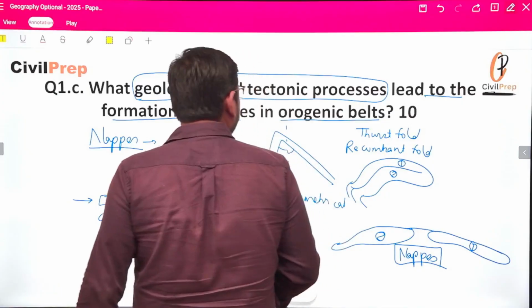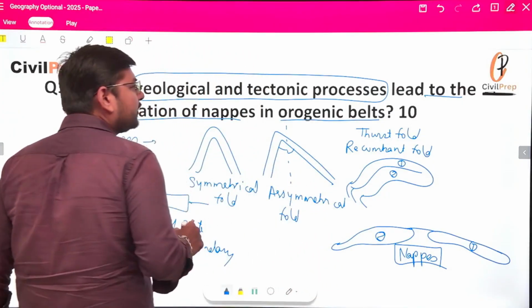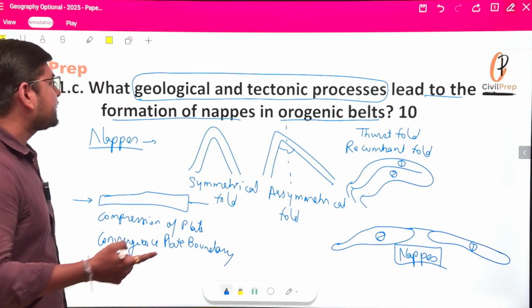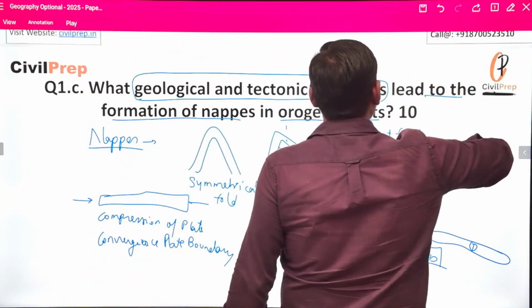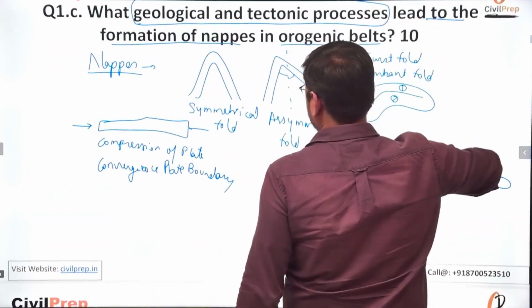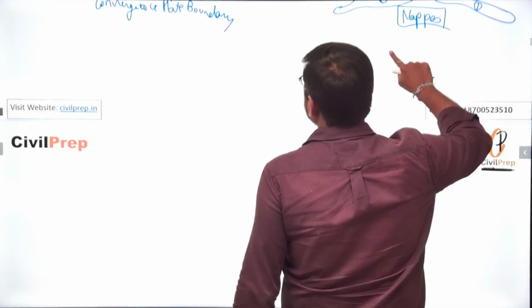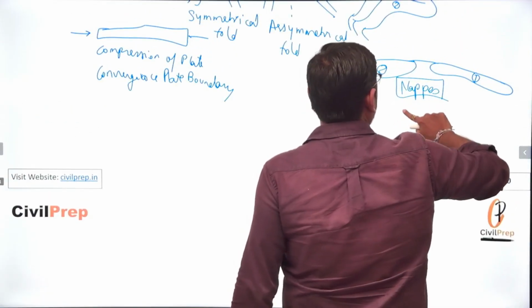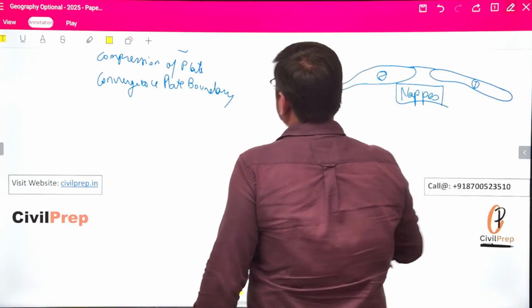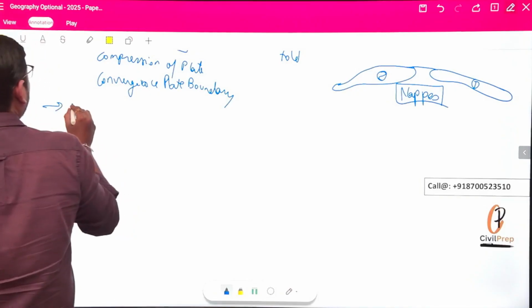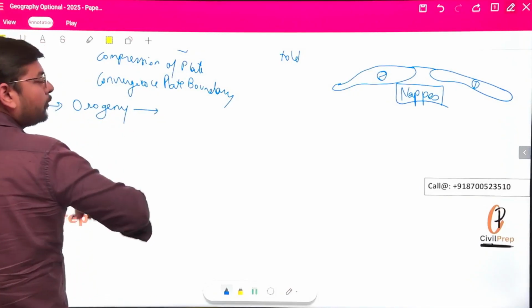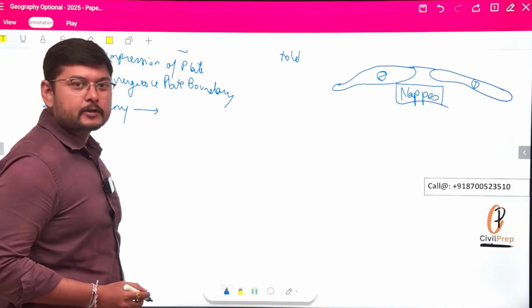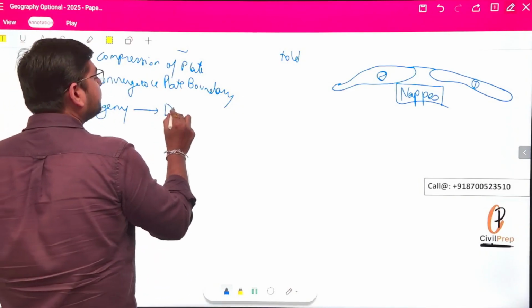Okay, so nappes is one of the processes which is part of orogeny. If we look at it, orogeny is one of the processes which is part of diastrophism.